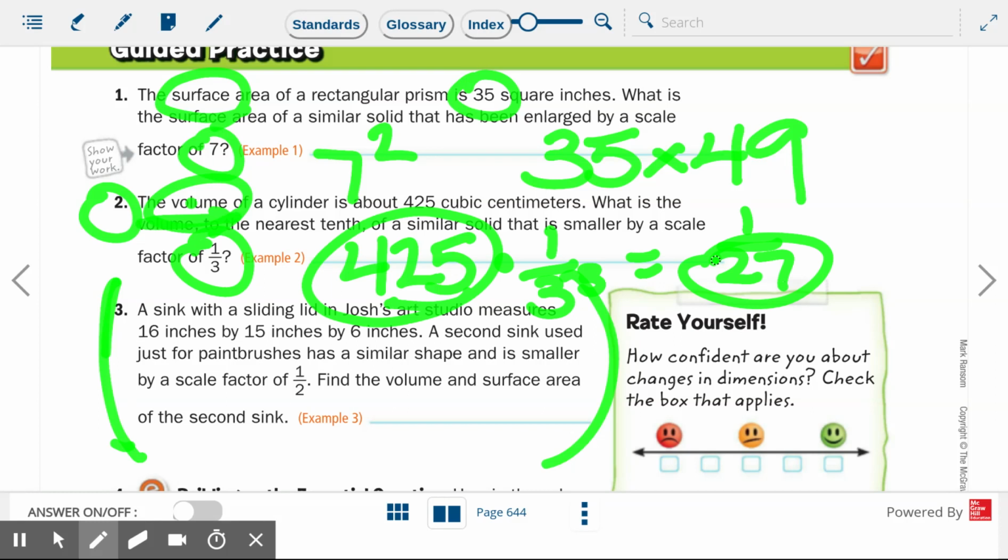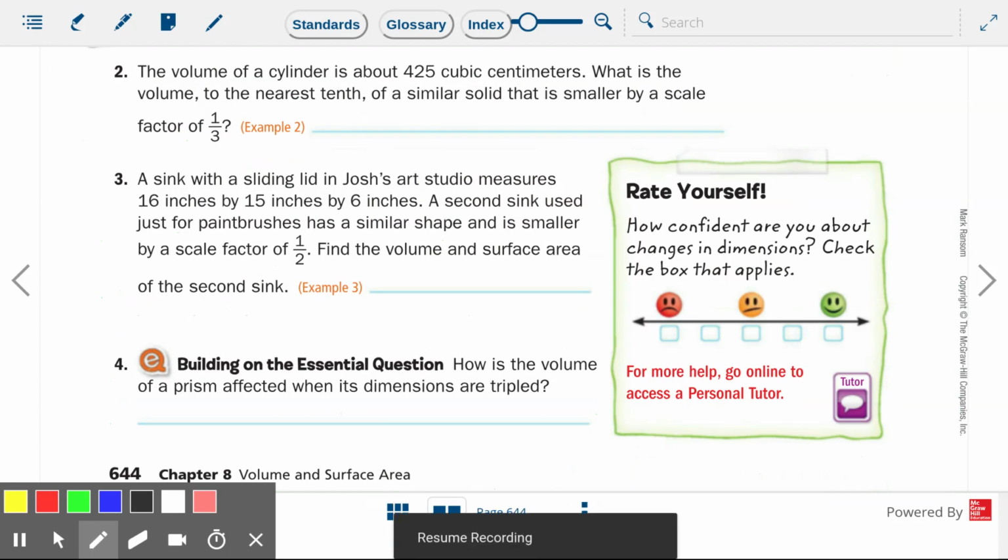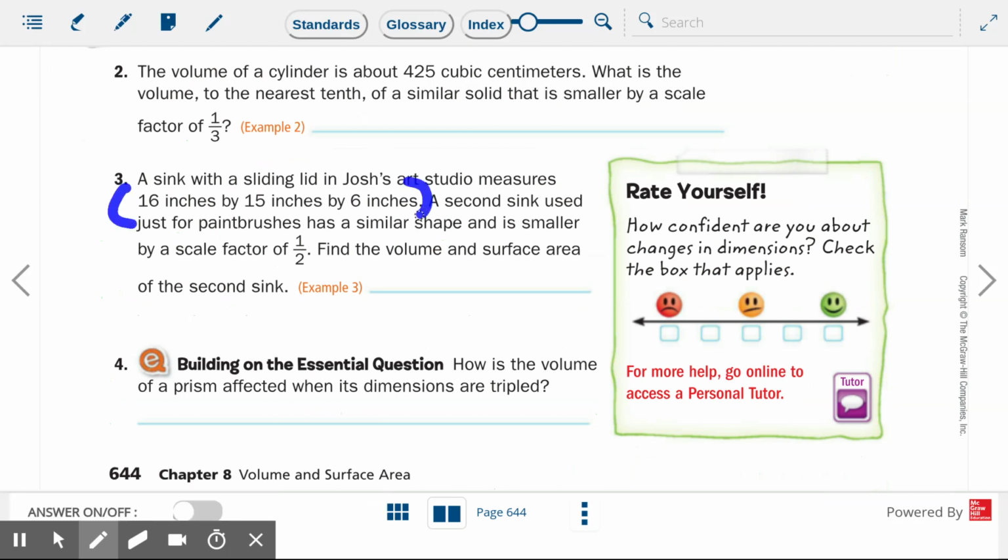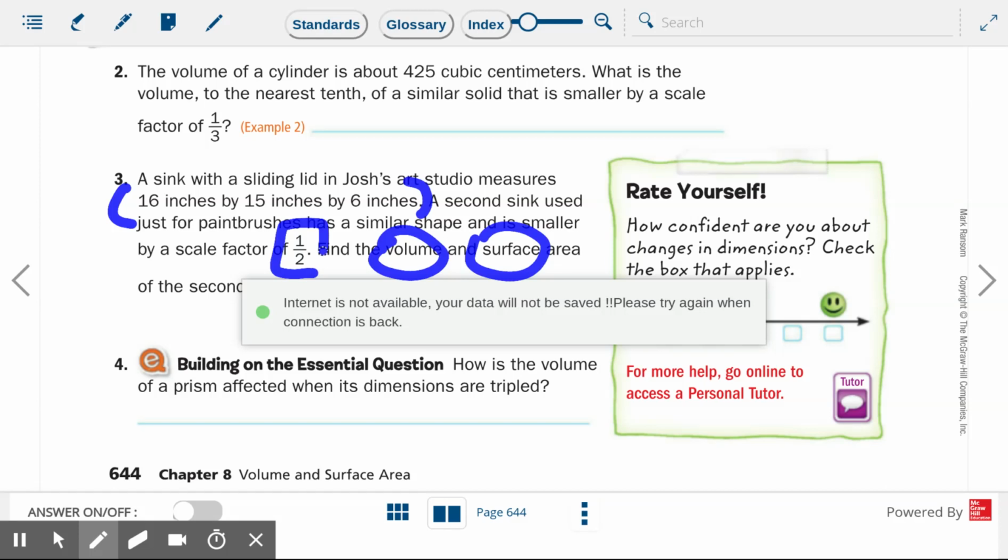So now let's look at number 3, and that relates pretty well to another one on another page. This one gives you not a surface area or volume, but it gives you the dimensions. They are talking about volume and surface area and a scale factor of 1/2.